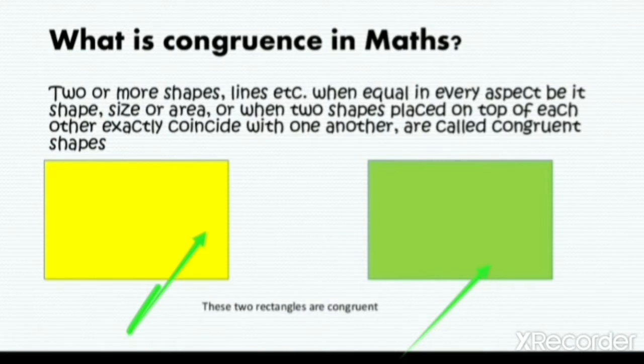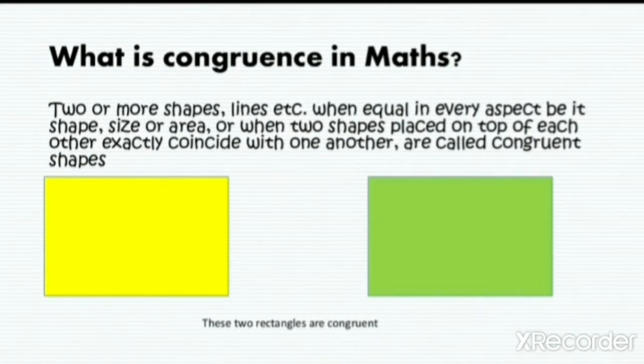If you place one rectangle on another, you can see that they both have exactly the same area. So we can say that these rectangles are congruent. In this way we can say that the relation of two objects being congruent is called congruence.